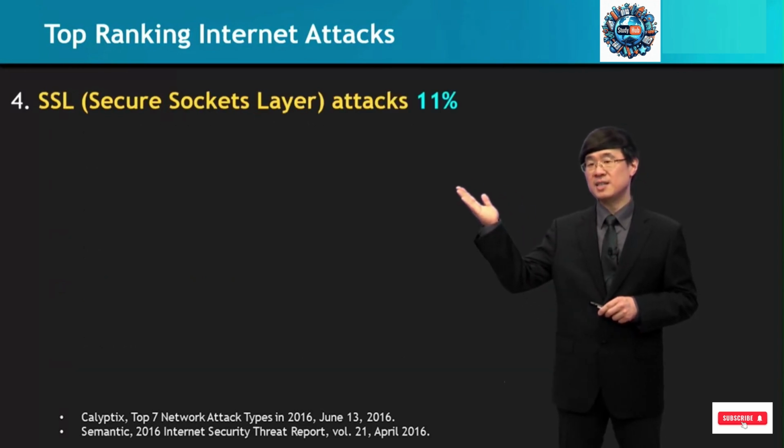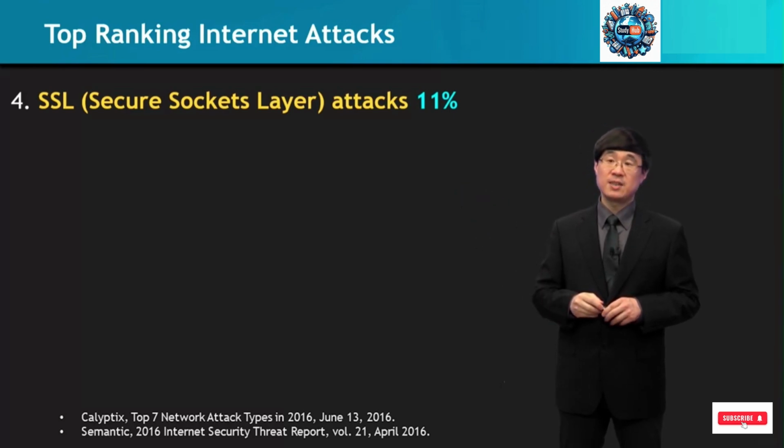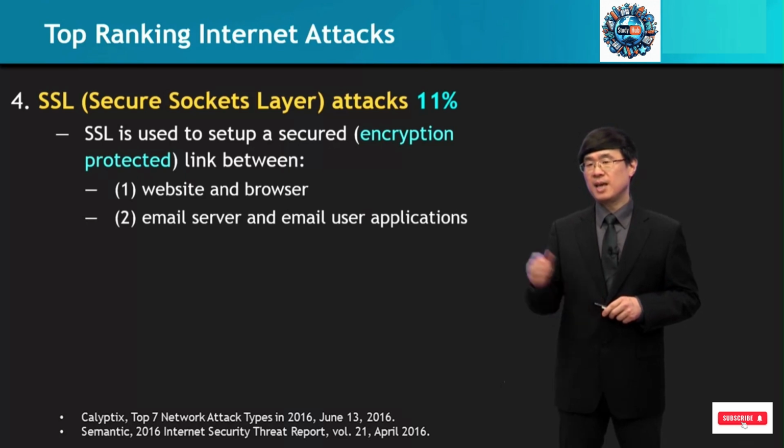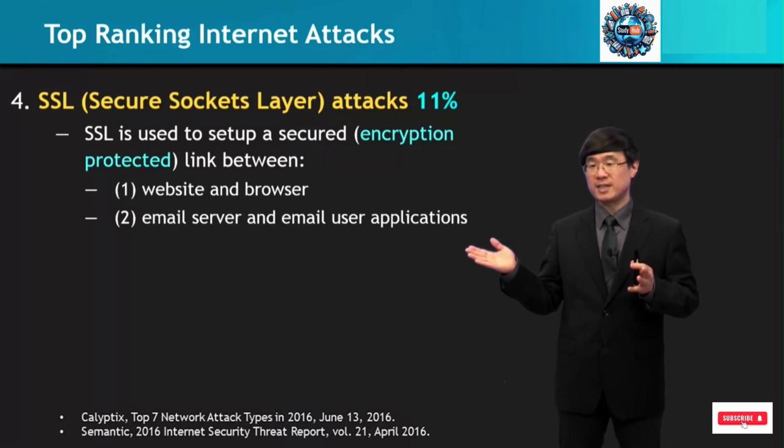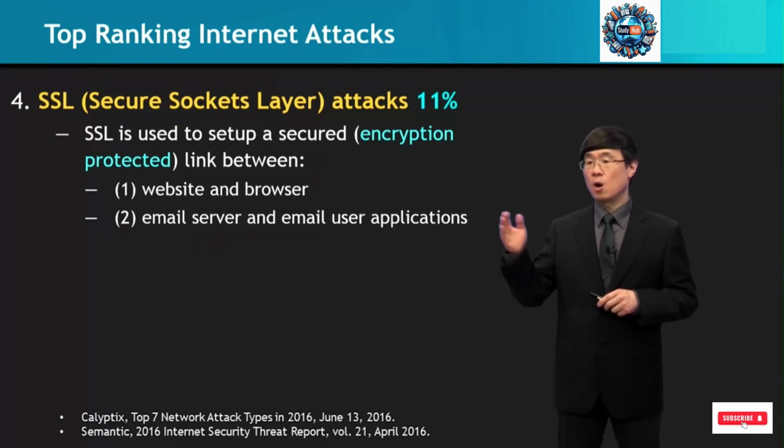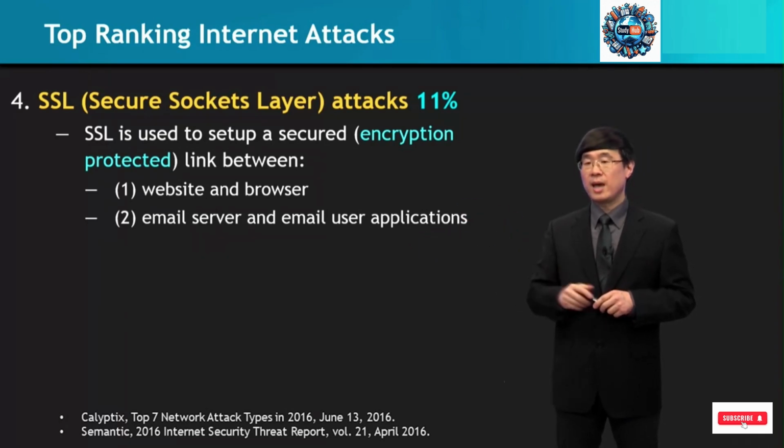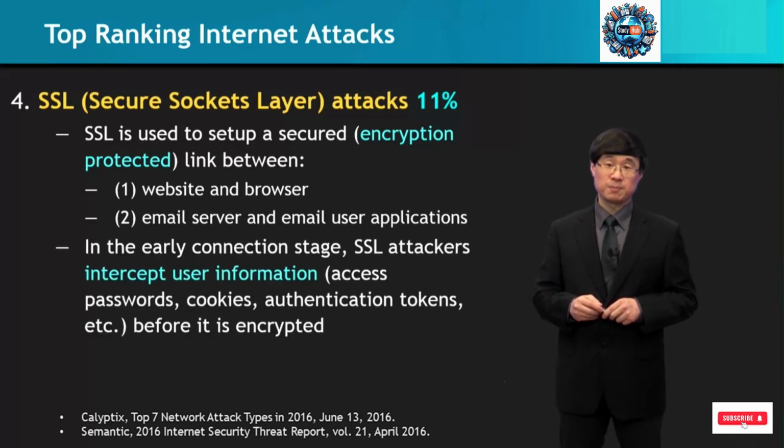Next we have SSL, Secure Sockets Layer attacks, and this ranks as number 4 at 11%. SSL is used to set up a secured encryption-protected link between a website and a browser, as well as an email server and the email user's application.